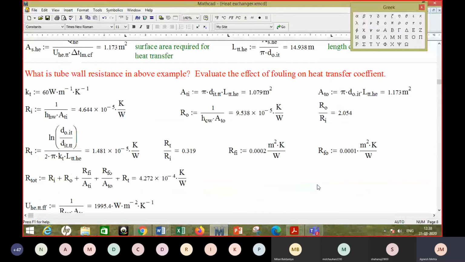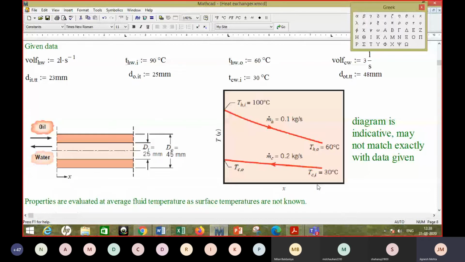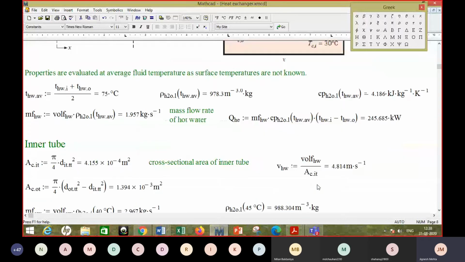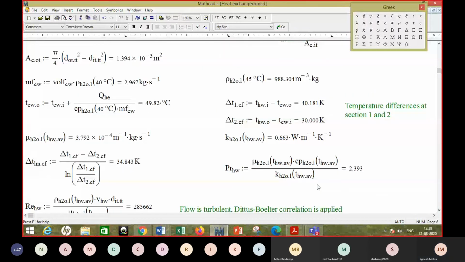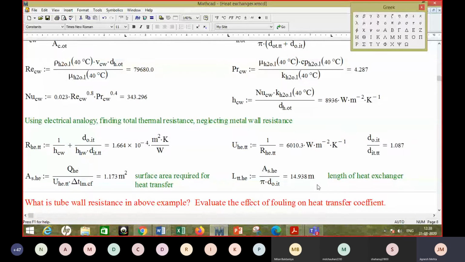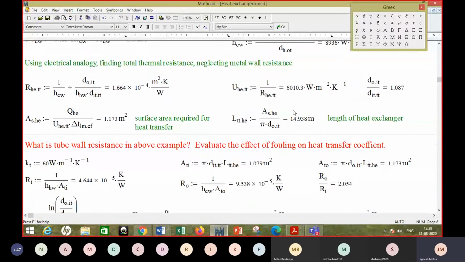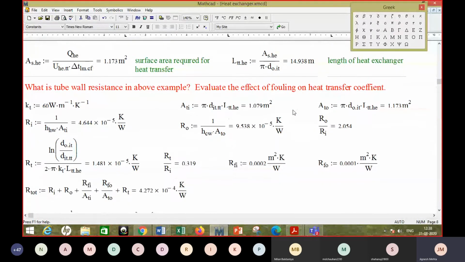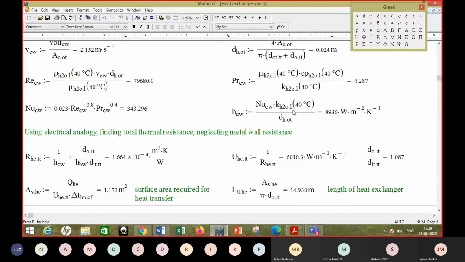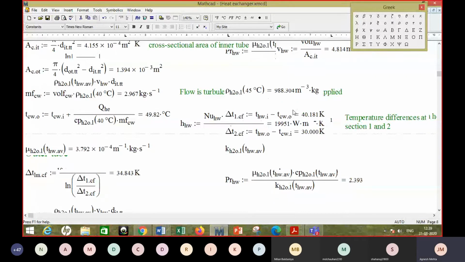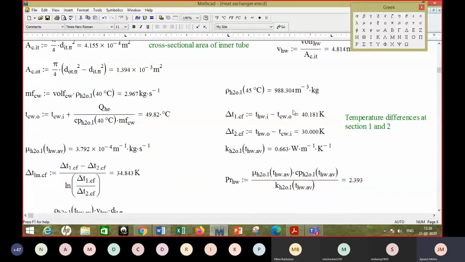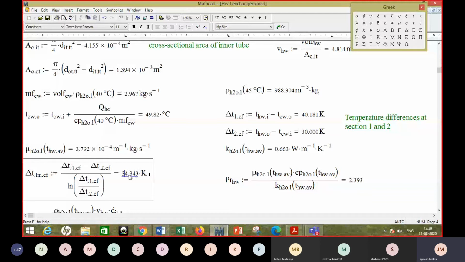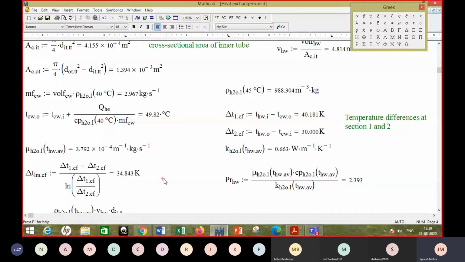So the log mean temperature difference for the counter flow was 34.843.